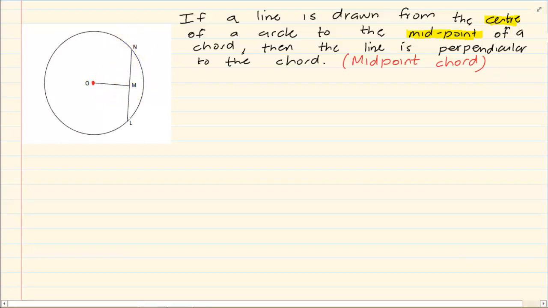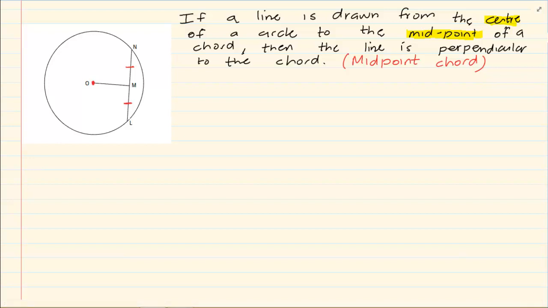If you are not familiar with that, it's advisable that you go to the video introduction to circles and go over what is a chord. A chord is a line that's going from one end to the other end of a circle. But what is emphasized here is that it is going through to the midpoint, which means it is cutting this line exactly in half. So we have 2 halves there.